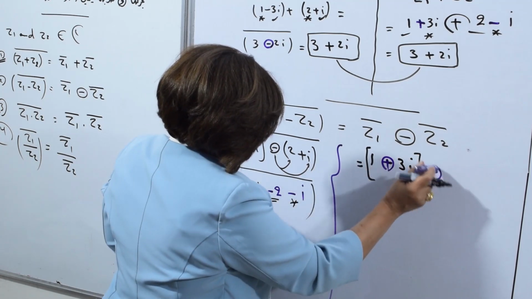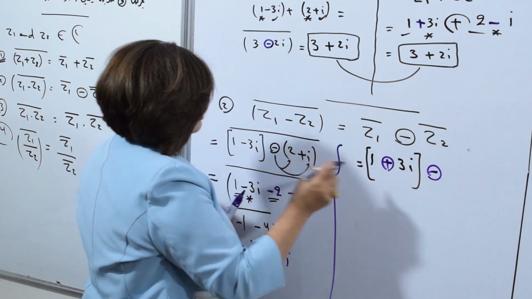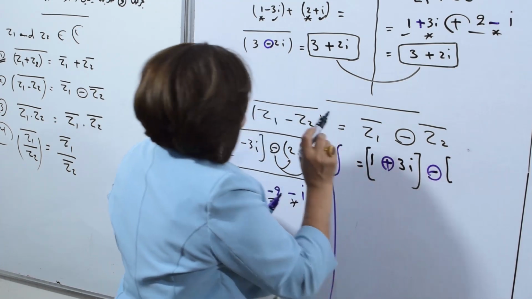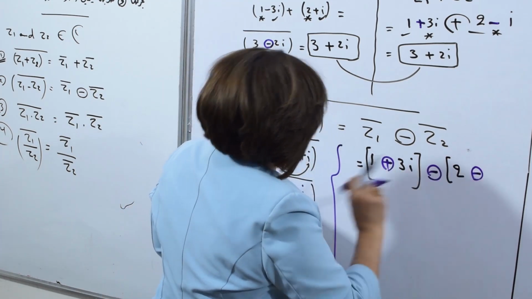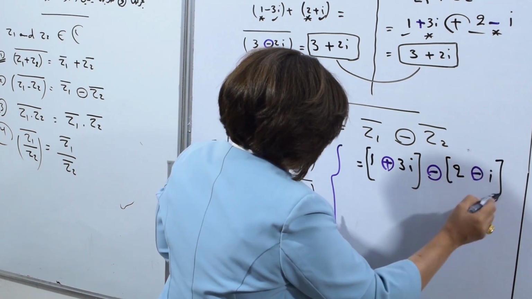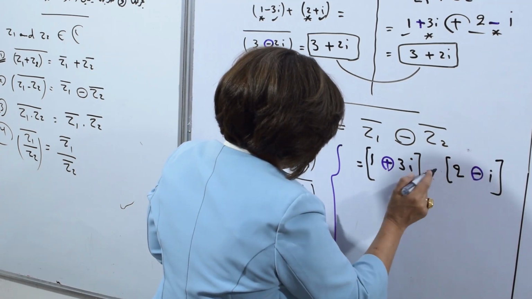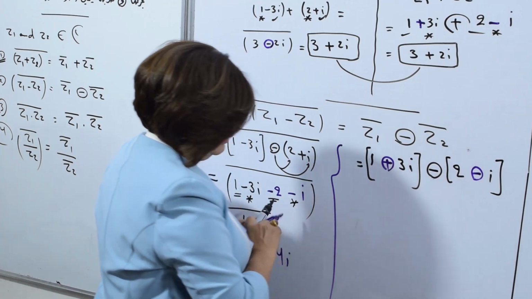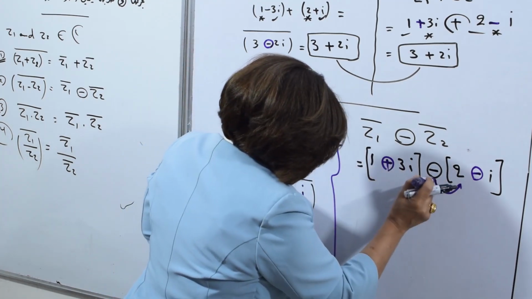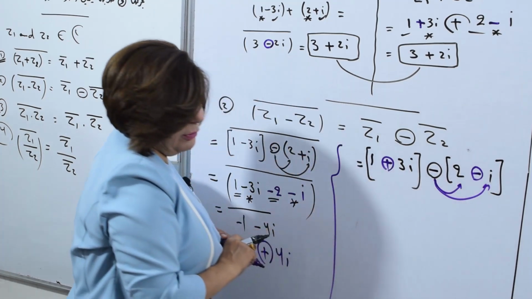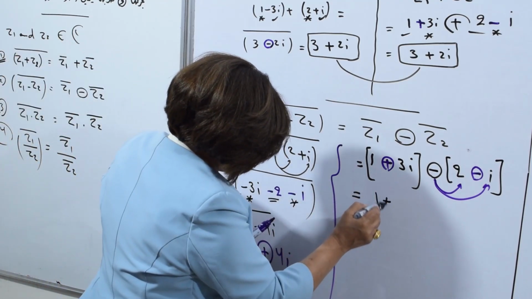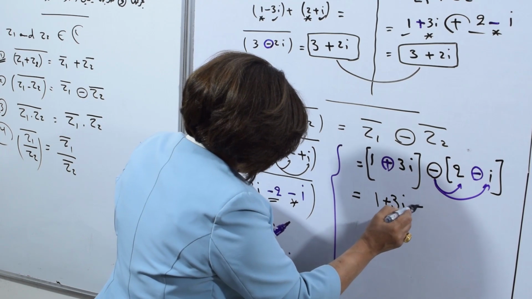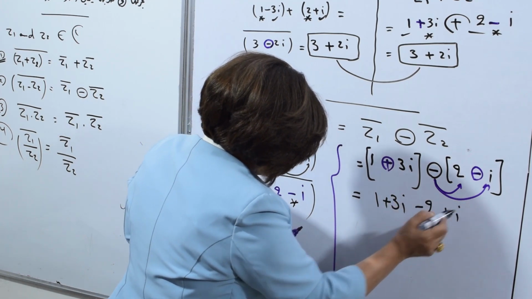Subtract, طرح, the Z2 conjugate, مرافق الثاني, 2 minus i. انتبه هنا نخليها بعدنا عملية طرح. من أجي أوزع كأنه أخذت الadditive inverse النظير الجمعي للعدد الثاني gives 1 plus 3i minus 2 plus i.